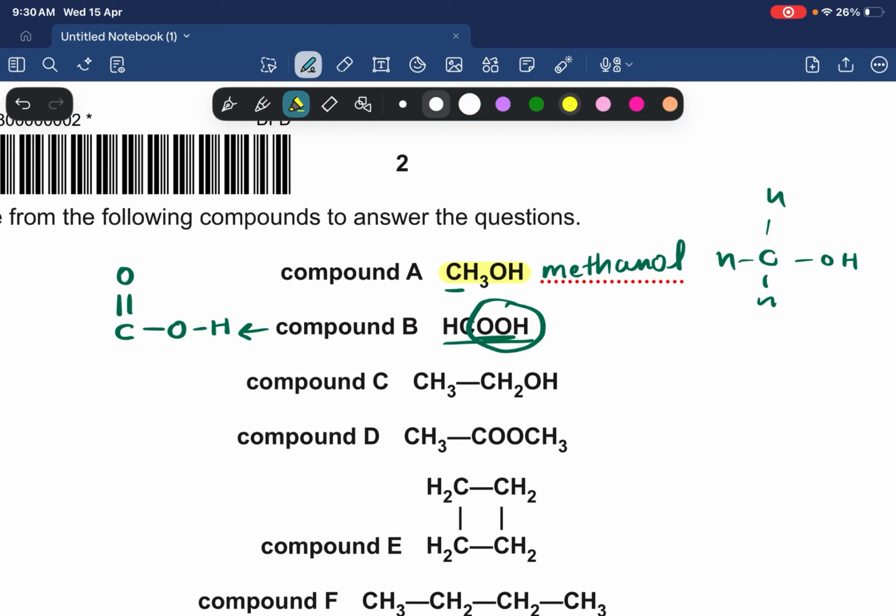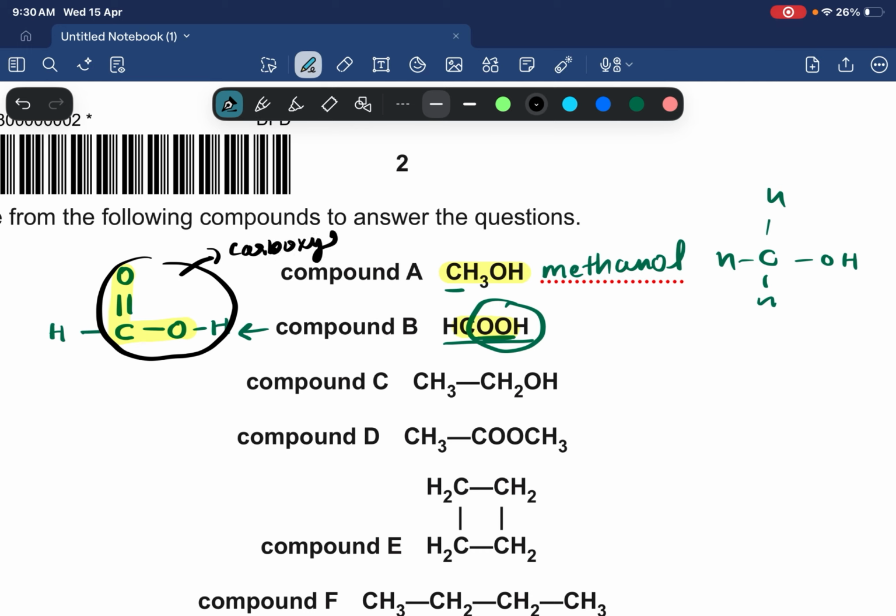It's just this represented in a structural way. And then there's an H over here. So what kind of functional group is this? This is a carboxylic acid functional group. And you know that since it has one carbon and a carboxylic acid functional group, so what kind of acid is this?